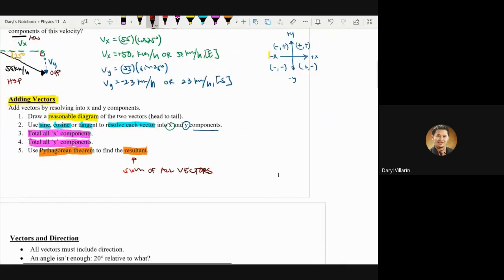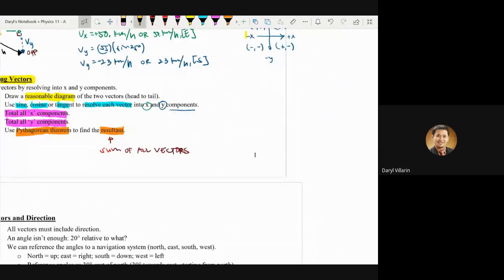Just as an example, say you have a vector like this, added with a vector going north, and then another vector going in this direction, and a vector going south, for example. How would you draw your resultant here?